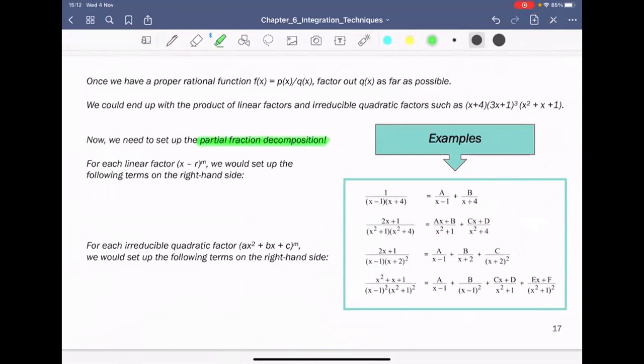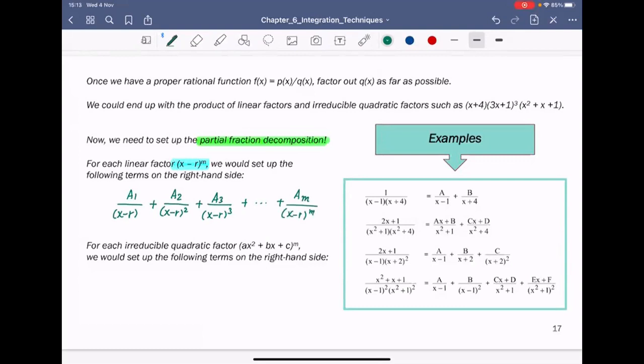If you have a linear factor (x minus r) to the m, what you should do is have the decomposition on the right hand side be some constant over (x minus r), plus some constant over (x minus r) squared, and then some constant over (x minus r) cubed, and you keep going until you get some constant over (x minus r) to the m.